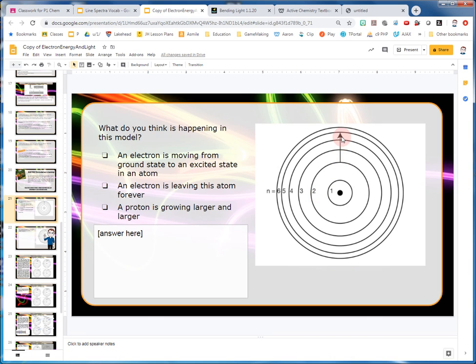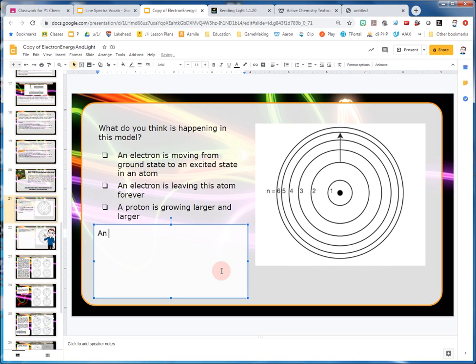And so if this arrow means that something is moving from here to here, could this mean that an electron is moving from a ground state to an excited state? I think it could be this one. Let's see what these other ones say. An electron is leaving this atom forever. I don't think so. A proton is growing larger and larger. No.